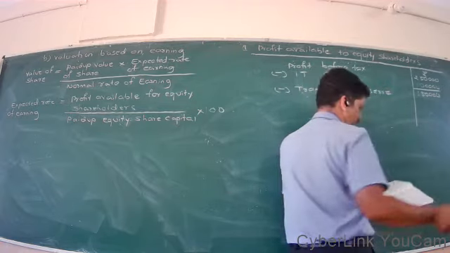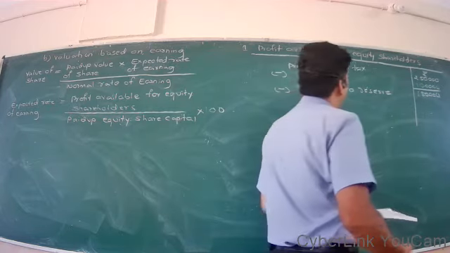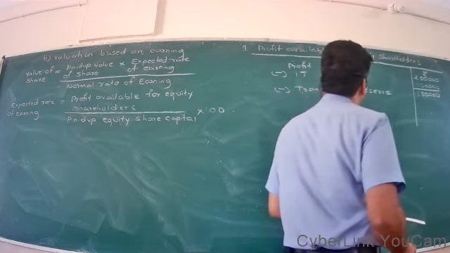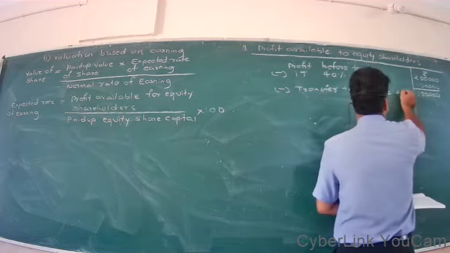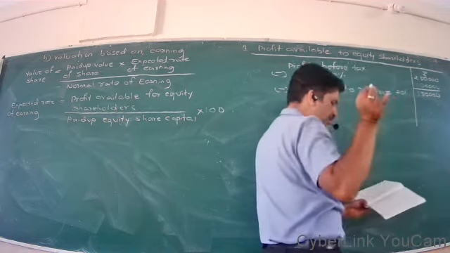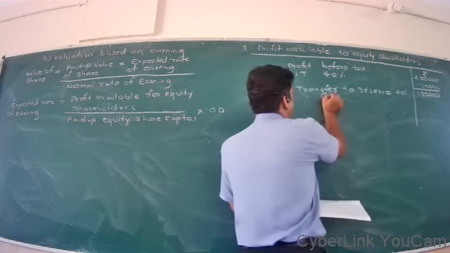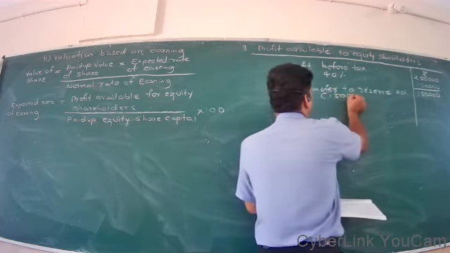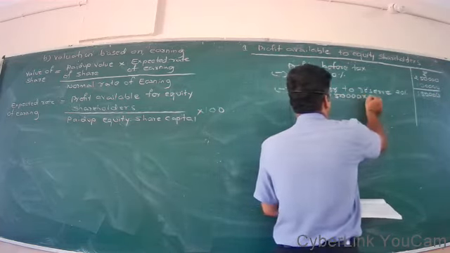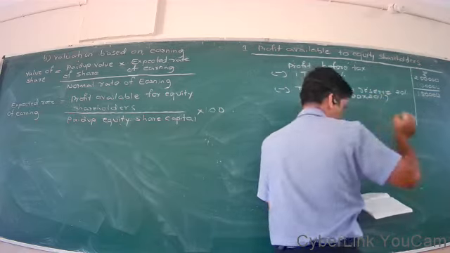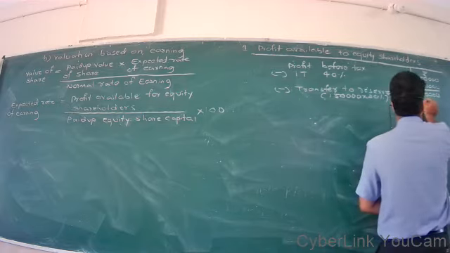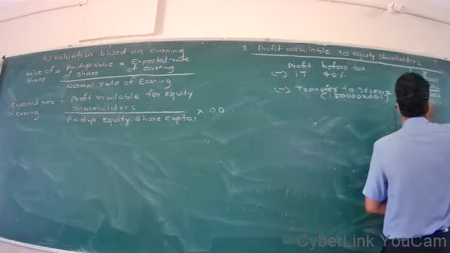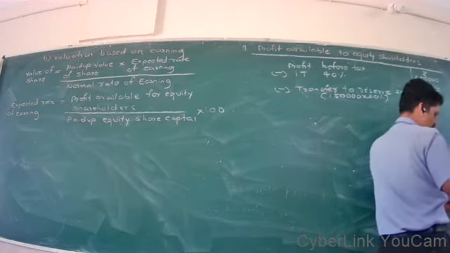The given information is 20%, so 1,50,000 into 20% is 30,000.